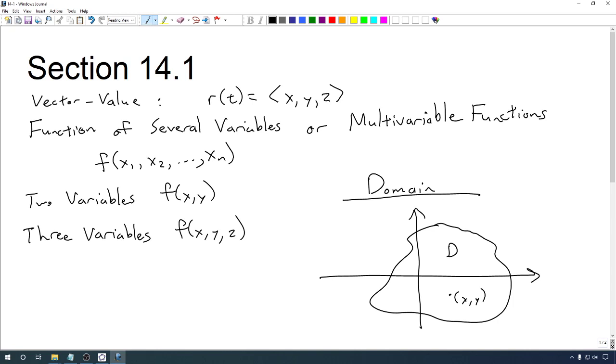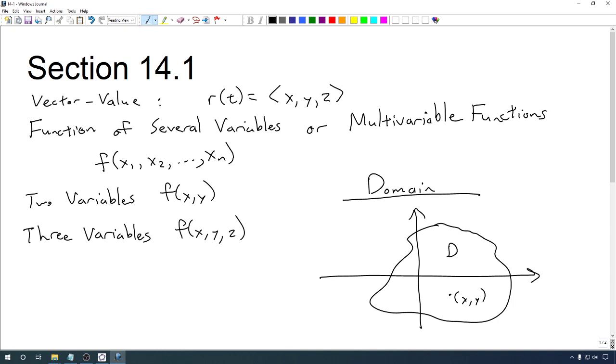Sometimes we might actually even restrict the domain and say that we only care about points that are in a particular set, but that's us restricting our domain to a particular thing. If we don't give a domain naturally, we'll have to look at the formula and figure out what points actually make sense to be plugged into our function.